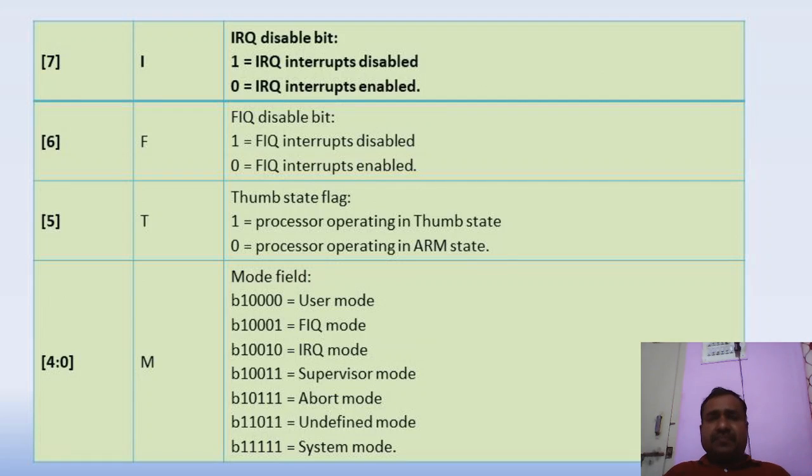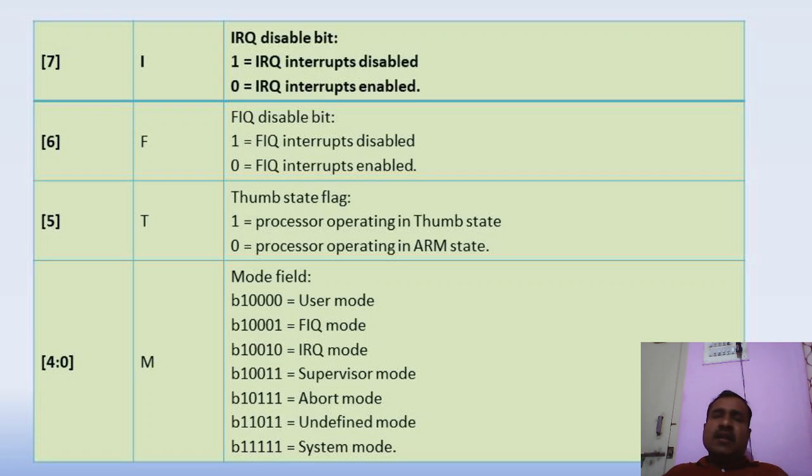Bit number 7 stands for I, which is the IRQ disable bit or interrupt mask bit. If this bit is 1, IRQ interrupts are disabled. If this bit is 0, IRQ interrupts are enabled.